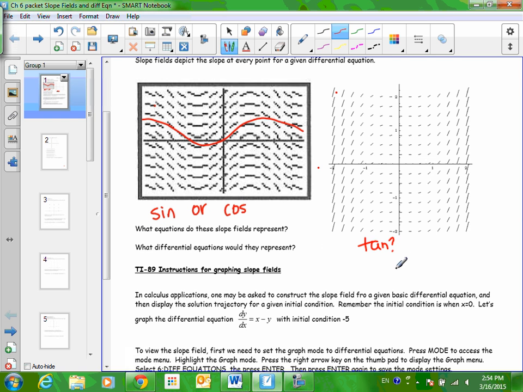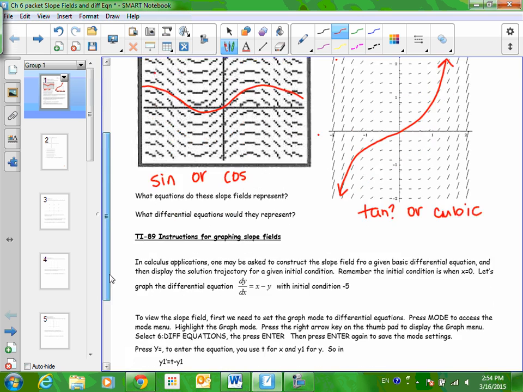So maybe tangent. Or what other parent function does this look like? X cubed. Cotangent wasn't a bad thought either. So cubic. If you have an idea of what the parent function should be at the slope field, it's going to make the next part easier when we start integrating and getting what the solution curve is going to be.